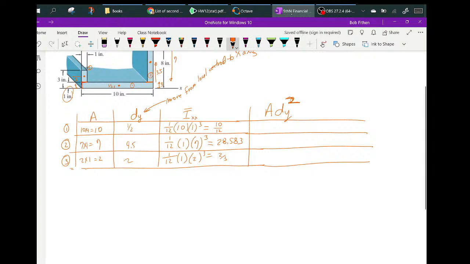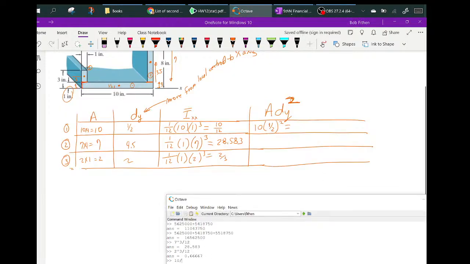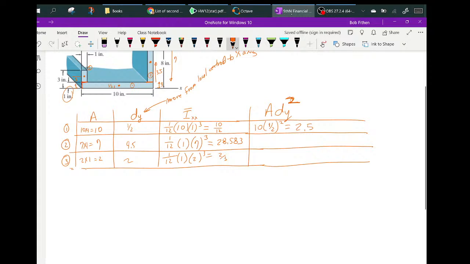Just take the first one, 10 times 1/2 squared. 10 divided by 4 is 2.5.